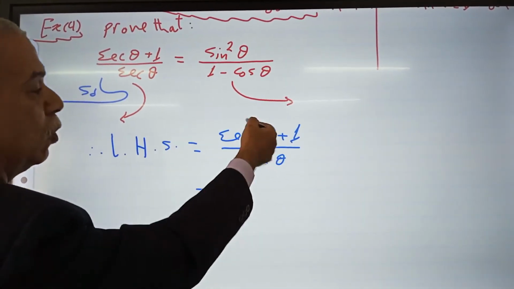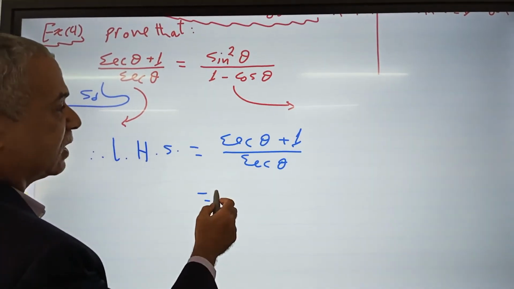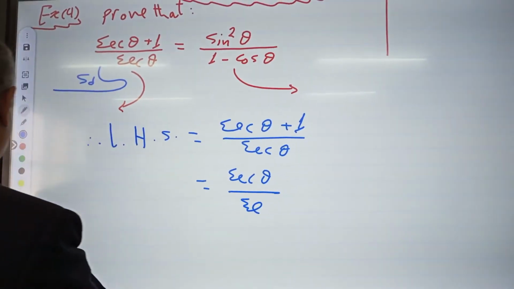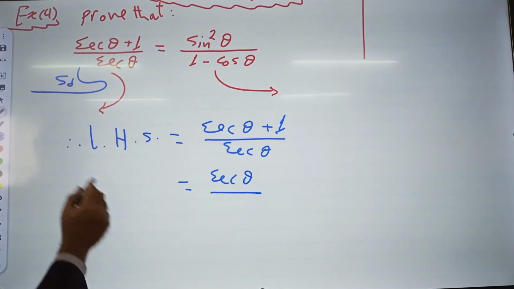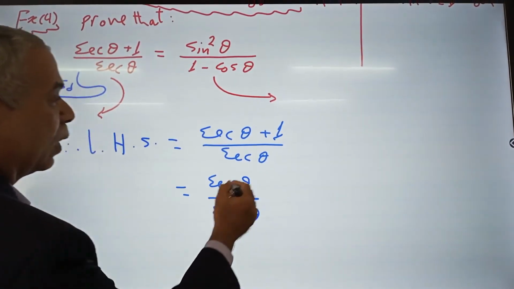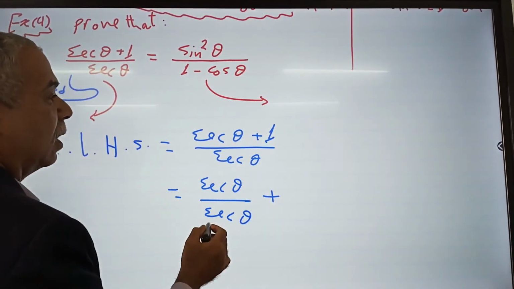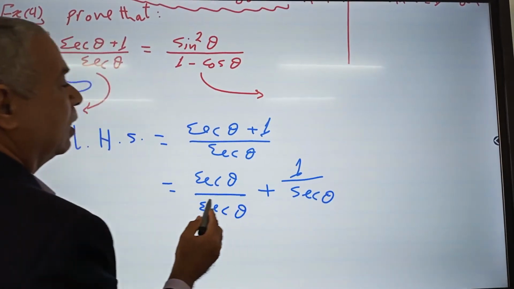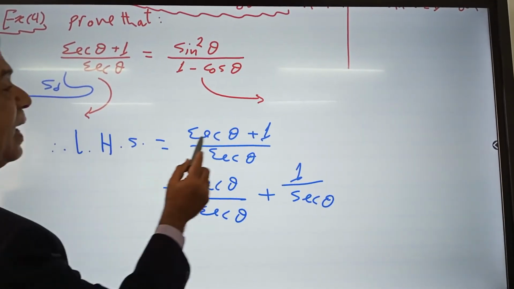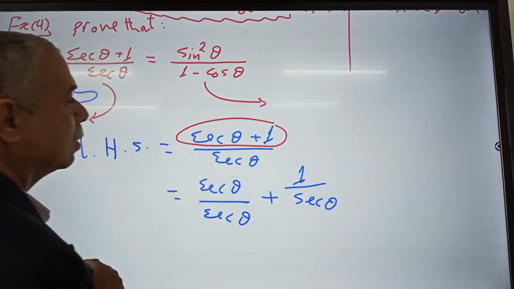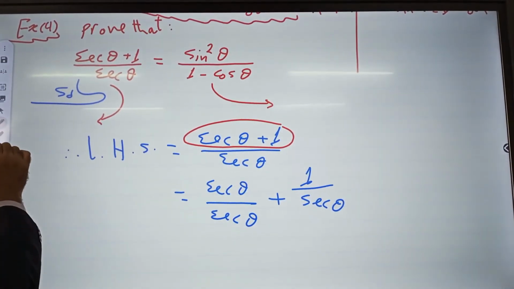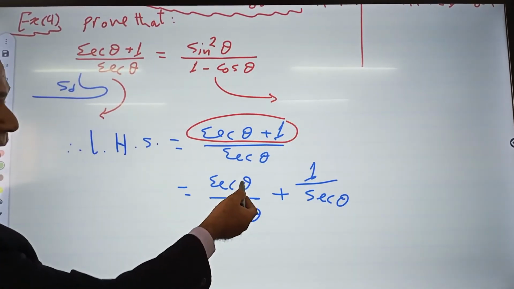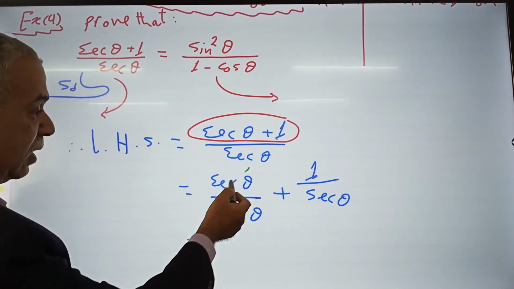We can separate the numerator over the denominator like this. We take sec θ over sec θ once, and the other we take 1 over sec θ. We separated the numerator over the denominator. So we can simplify sec θ over sec θ equals 1.